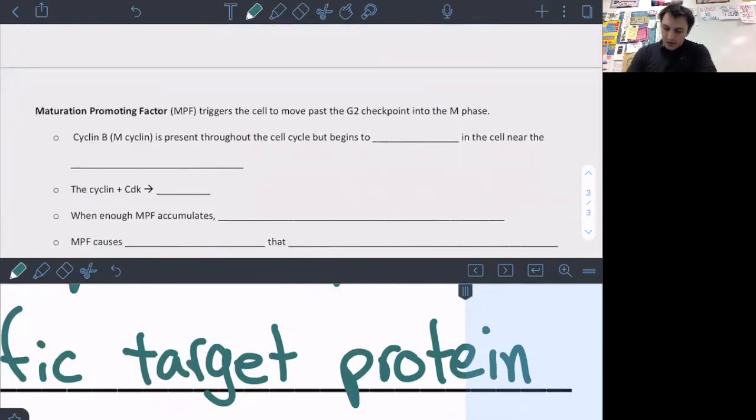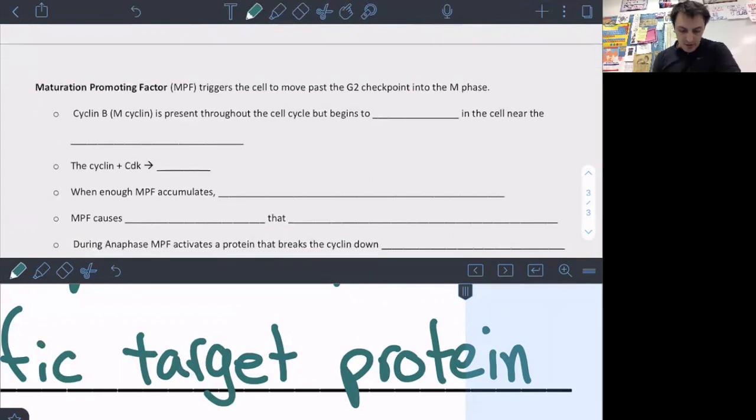All right, so let's talk about a specific example of this, and probably the most common example when we look at the cell cycle and regulation. Maturation promoting factor, MPF, triggers the cell cycle to move past the G2 checkpoint into the M phase.